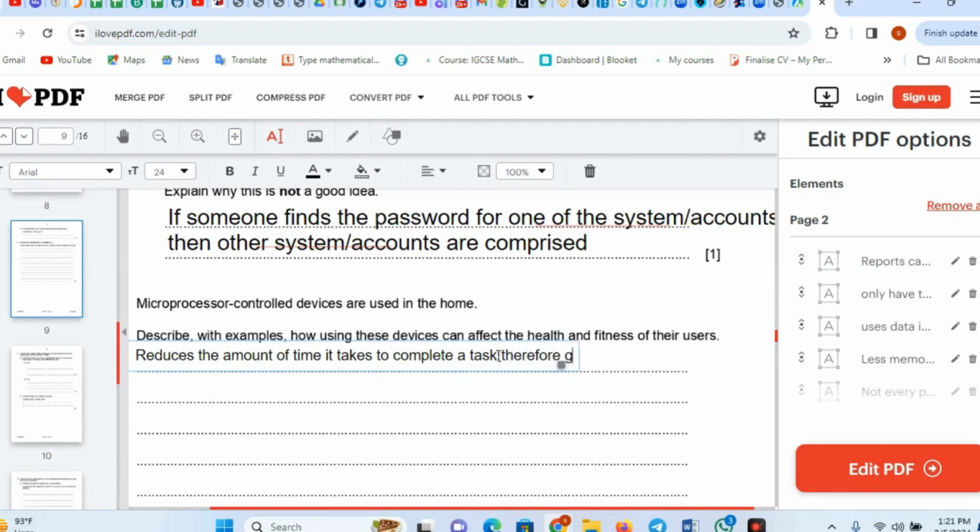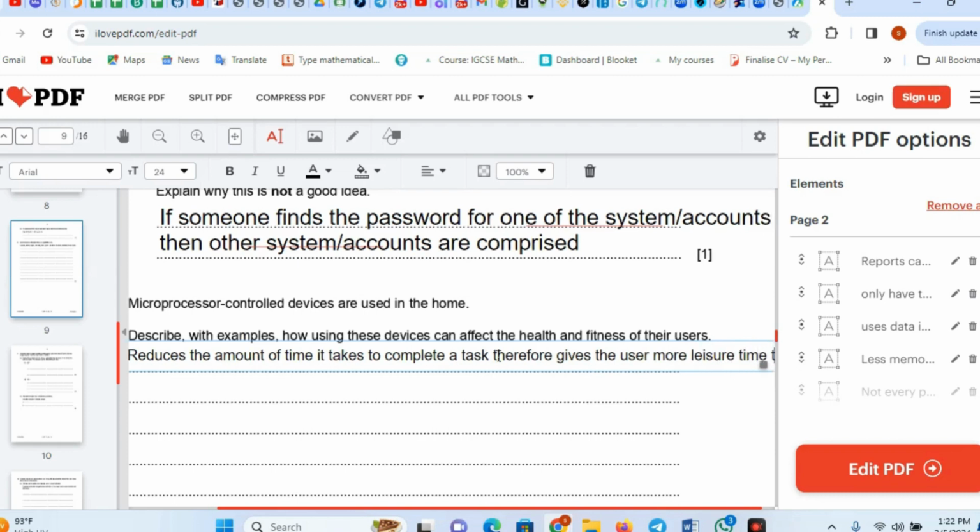gives the user more play time, that is fun time, to do other things.